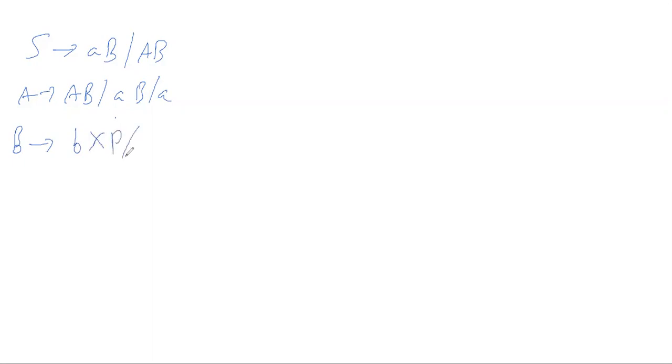Assuming that you are having a grammar S implies AB/AB, then A implies AB/AB/A, B implies BXP/XT, X implies A, P implies B. Assume like this, you have the production rule like this. Then what is the first step?